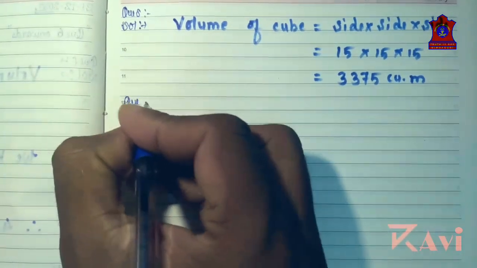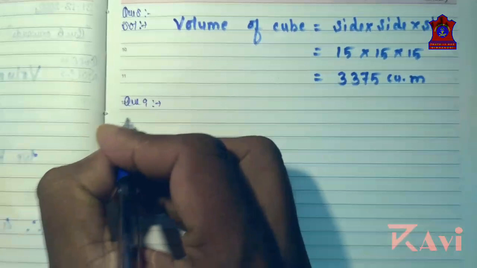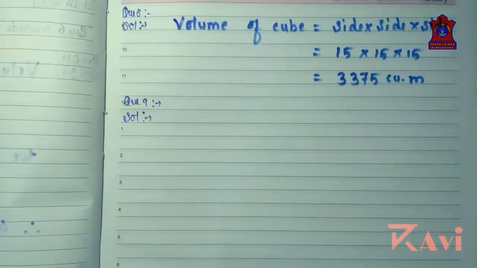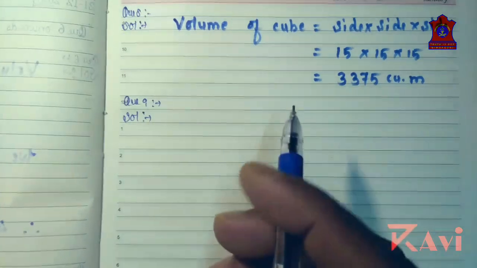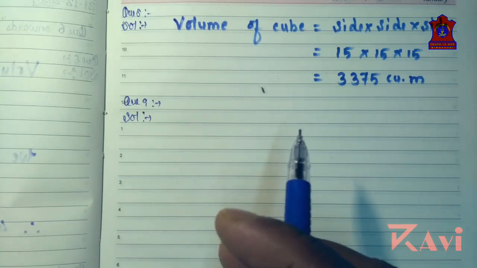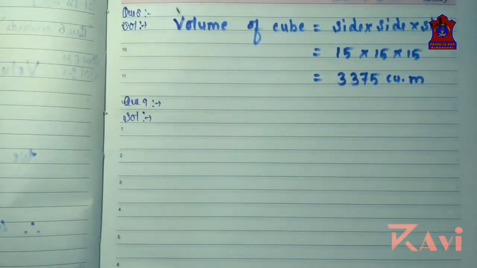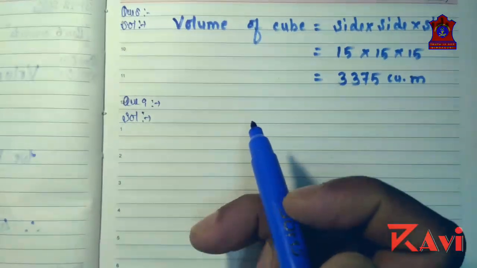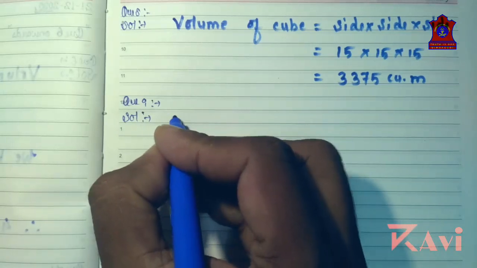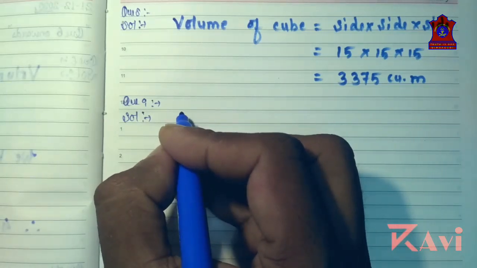Now look at question number 9. A water tank is 8 meter long, 5 meter wide and 3 meter deep. Find the capacity of the tank in liters if 1 cubic meter equals to 1000 liters. See, the same question is given here like we did in question number 6. So first of all, we'll find out the volume of tank.